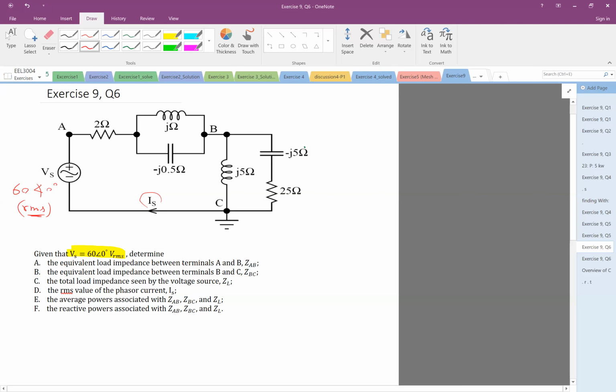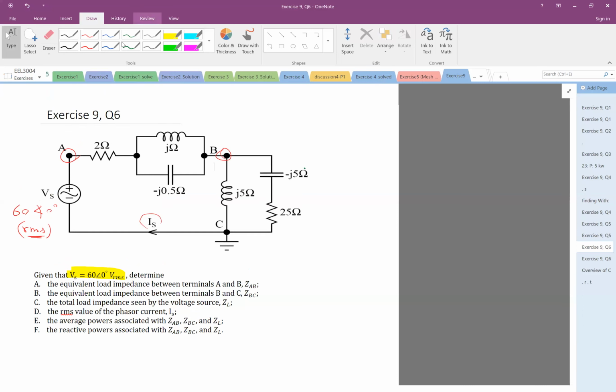Now we would like to find the equivalent loading impedance between terminal A and B. These two are in parallel, so we know the formula. The equivalent of these two would be J times negative 0.5J divided by J plus negative 0.5J.